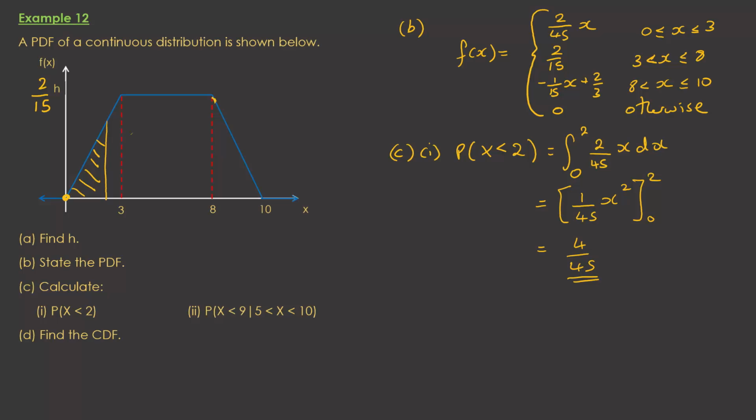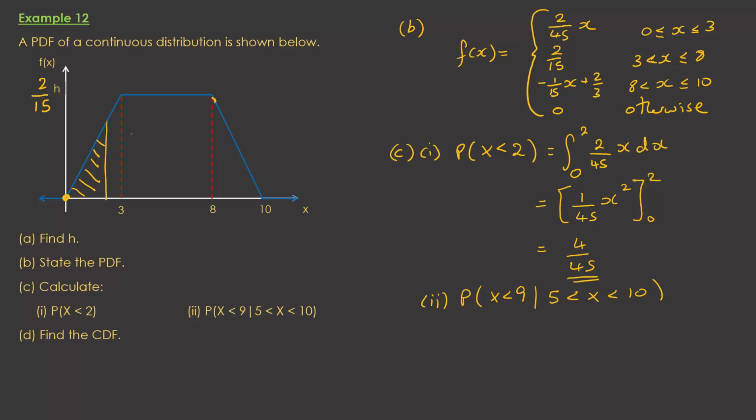Now the second part there is a conditional probability. So we've got a probability that x is less than 9, given that x is between 5 and 10.